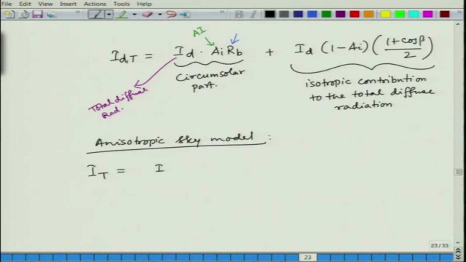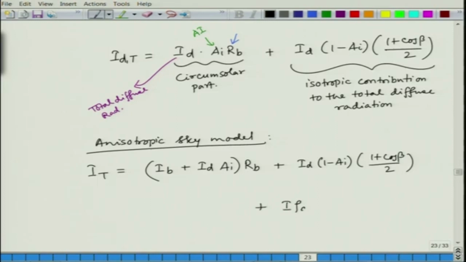will be equal to IB plus ID into AI, and we can club them together, the beam part as well as the circumsolar diffuse part, in one term, where both of those terms include RB, plus the isotropic part of the sky radiation, 1 plus cos beta over 2, okay, plus the ground reflected part which stays as is.